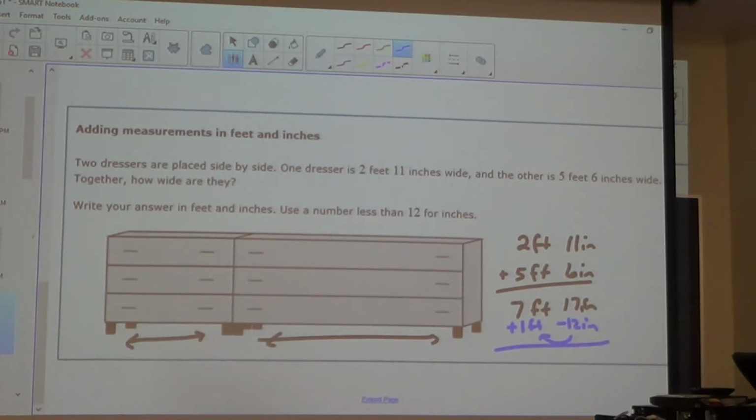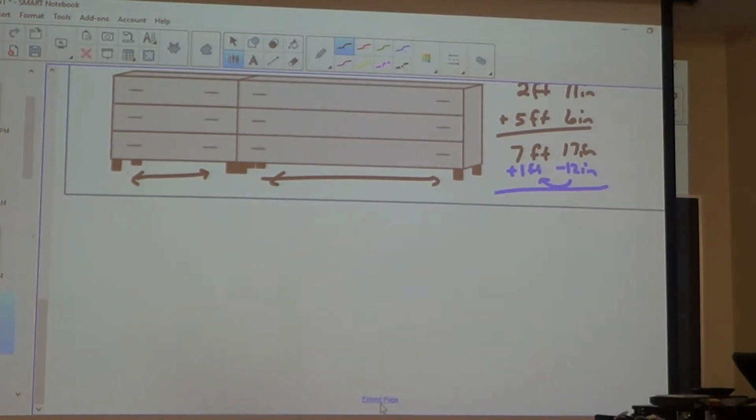So 7 feet 17 inches is really what? 8 feet 5 inches. It's like if you have 100 pennies, you turn those pennies into $1. So if you have 12 inches, you turn it into a foot.